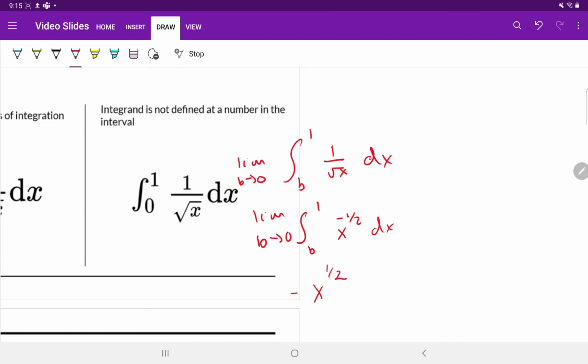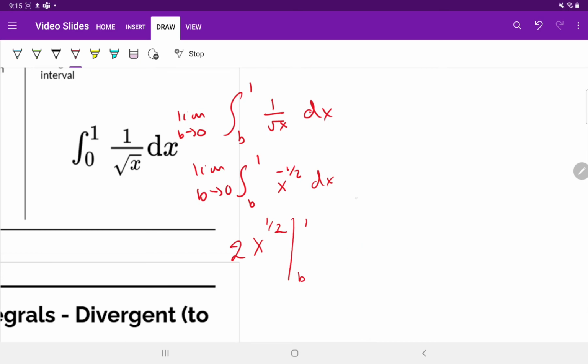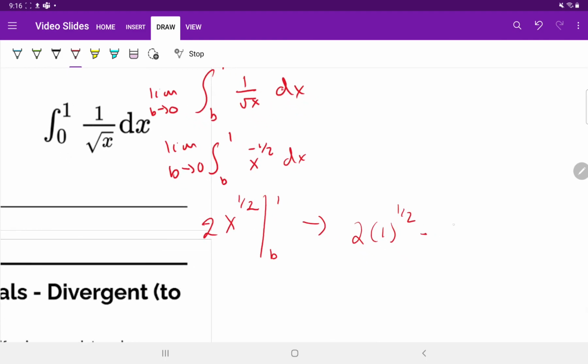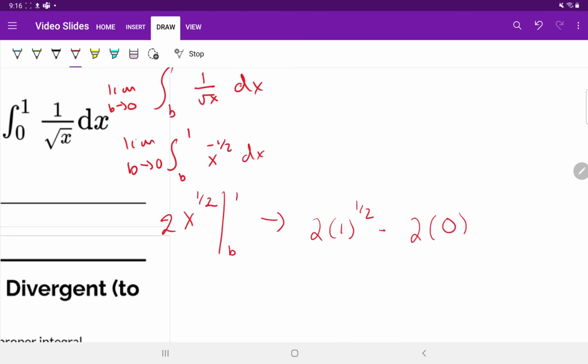I don't see a 1/2 in front, so there must be a 2 here to cancel out that 1/2. And then I'm going from b to 1, so I'm just going to substitute values in. I'm going to say 2 times 1 raised to the 1/2 minus 2 times, what am I approaching? 0 there, 0 to the 1/2.